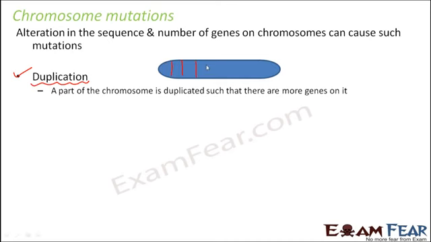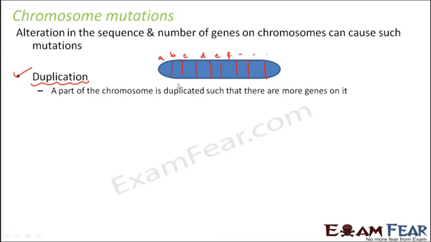The chromosome contains different genes, so it is like the chromosome is divided into sections where you have the genes linearly placed one after another, right? Let us suppose these are the portions of the chromosome. We name them in order to make our understanding better, and so on.